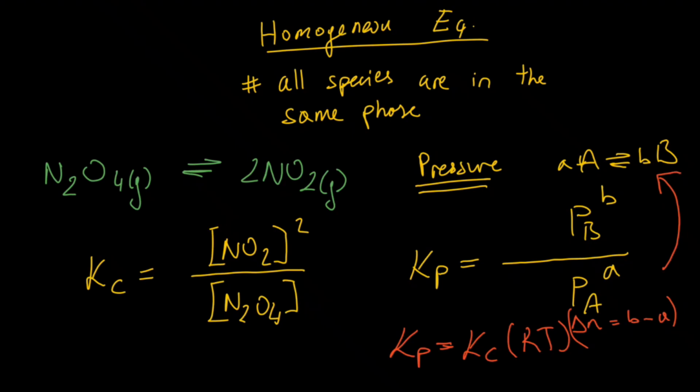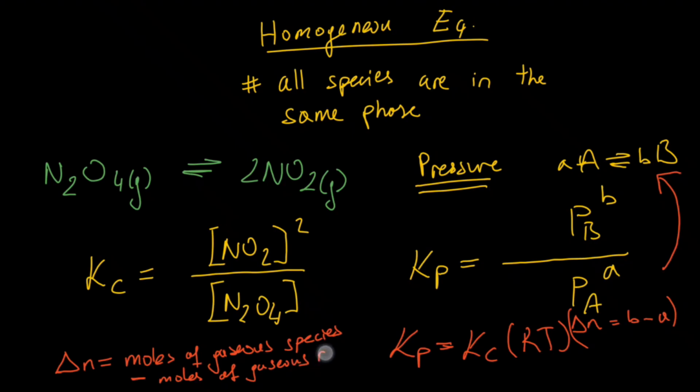So delta n here is the moles of the gaseous species for the products minus the moles of the gaseous reactants. Or I can write it: delta n equals moles of gaseous products minus moles of gaseous reactants.